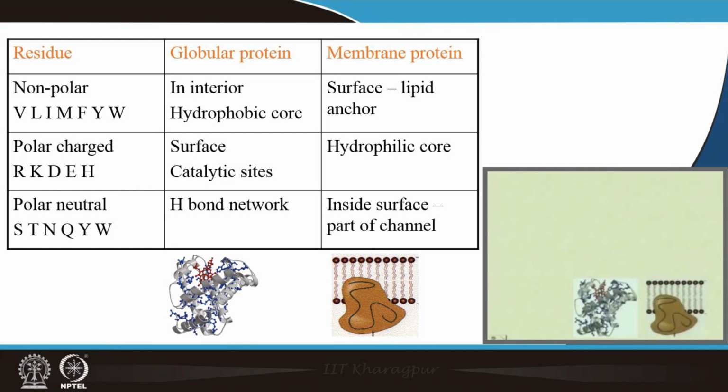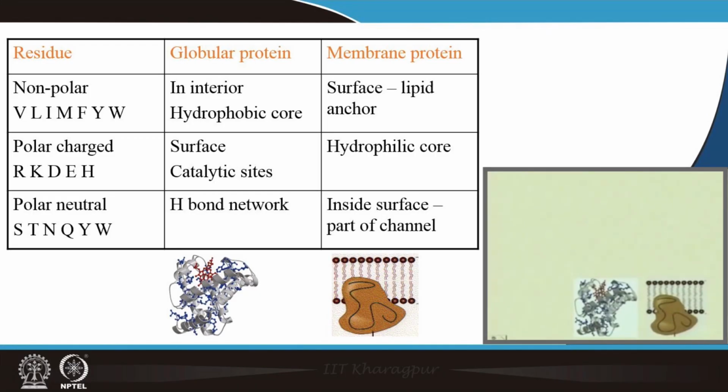But if we're looking at this protein, what do I expect? I expect the hydrophobic amino acid residues to interact amongst themselves in the center of the protein. And on the surface, I am going to expect polar residues, which is just the reverse of what I would expect for a membrane protein.